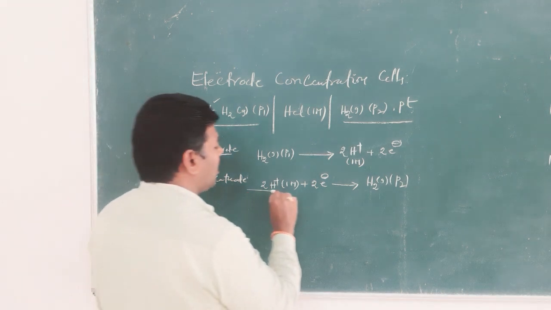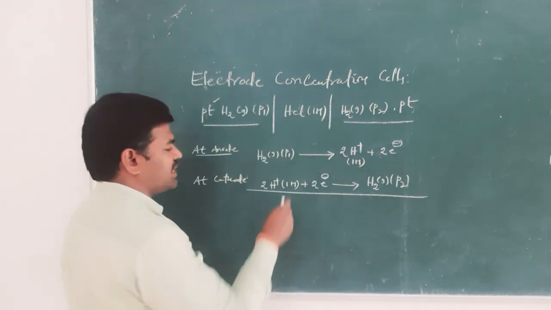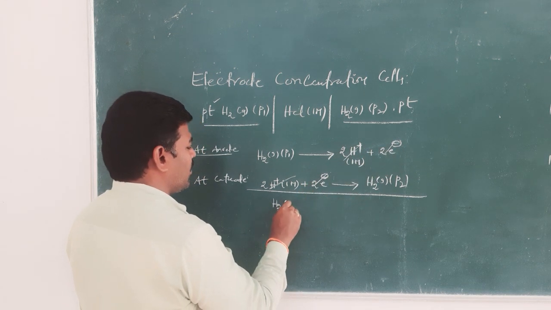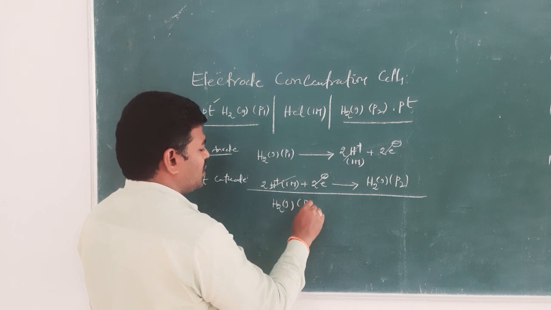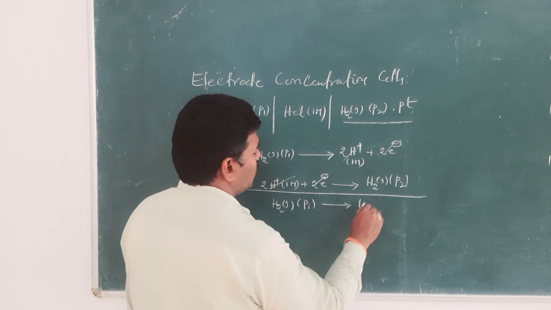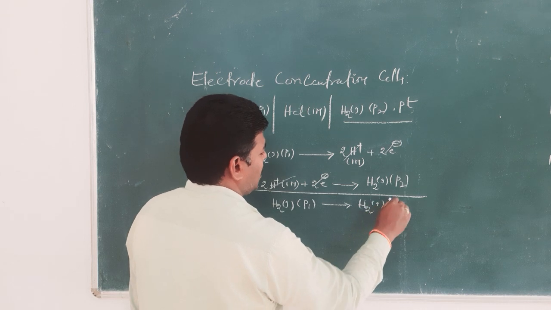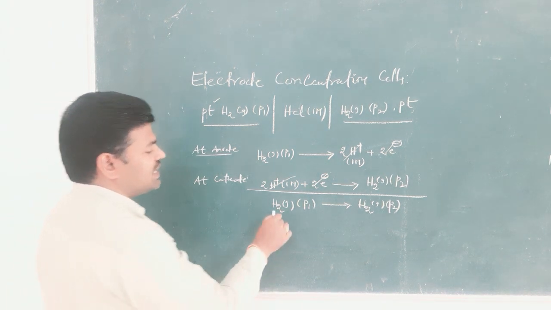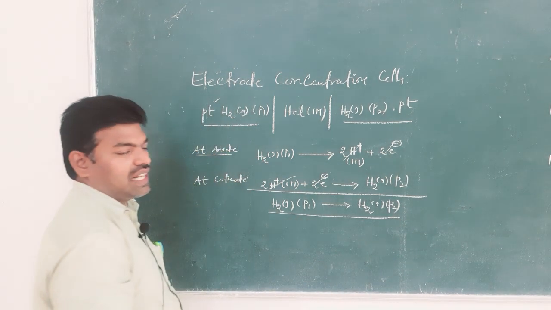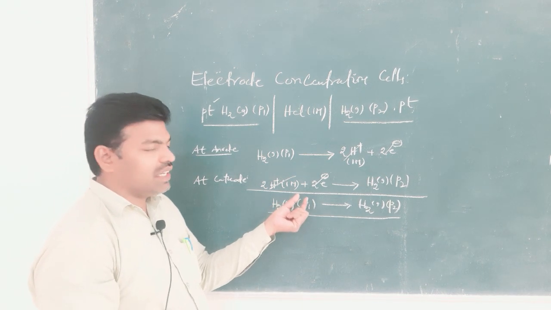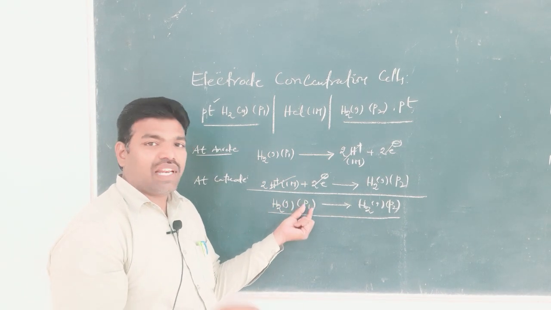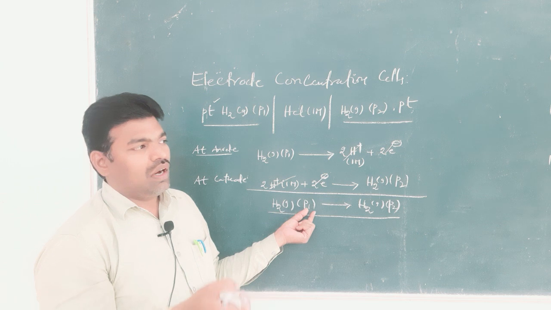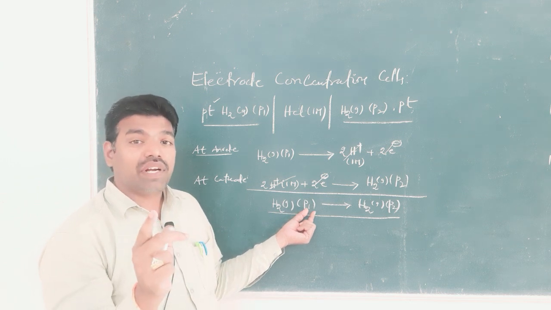So, the electrons cancel out, and the net cell reaction is H2 gas at pressure P1 gives rise to H2 gas at pressure P2. For this reaction we can apply the Nernst equation. The Nernst equation can be applied to cell reactions and single electrode reactions also.